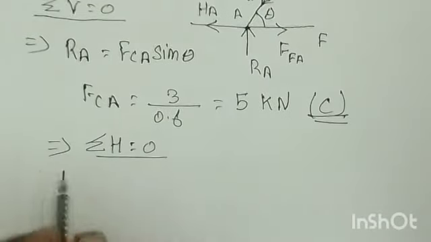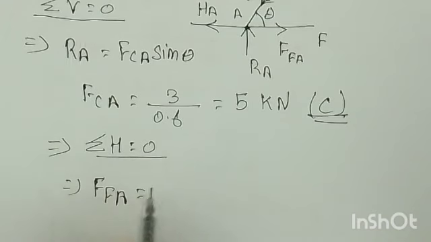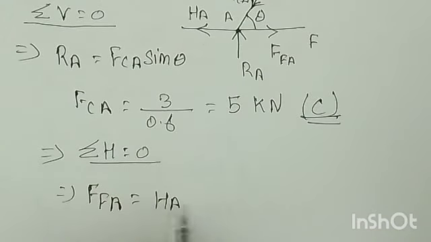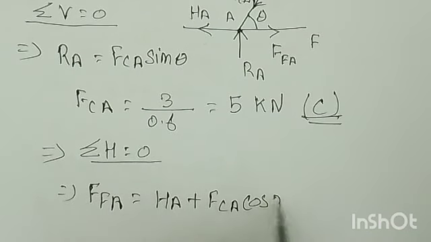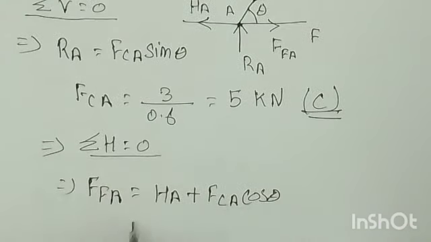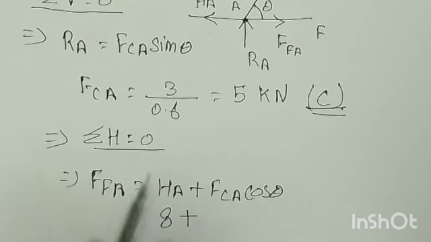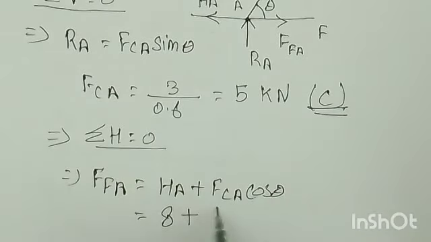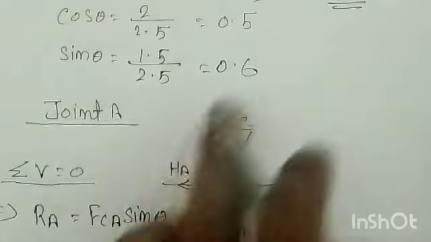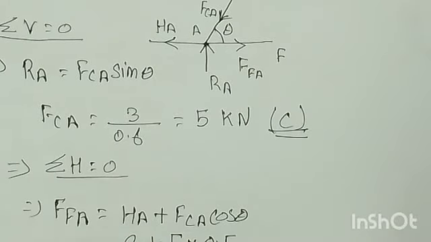So directly you can write, that is FFA is equal to what? HA plus FCA cos theta, right? That is the FCA horizontal component. So HA is what? 8 kilonewton, that we calculated, and FCA is this value, now you can take, that is 5, and cos theta is 0.5, right? So into 0.5. So what is the value?